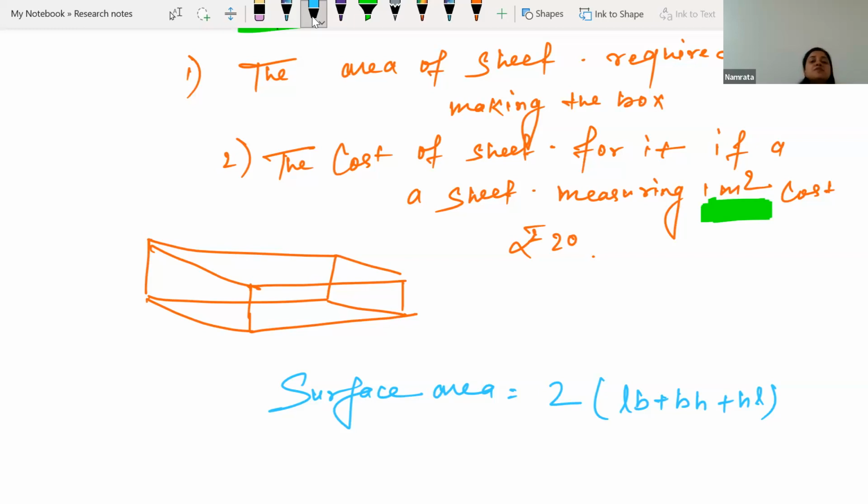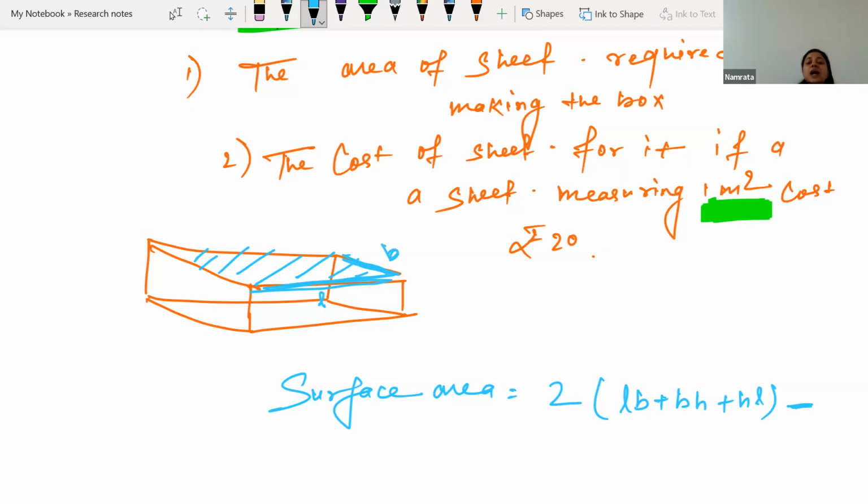Now the top surface is not covered, so from here we have to exclude the top part area. If you have understood how we got the formula in the previous class, you must have noticed that the top part is just a rectangle, where the two measurements used are length and breadth.